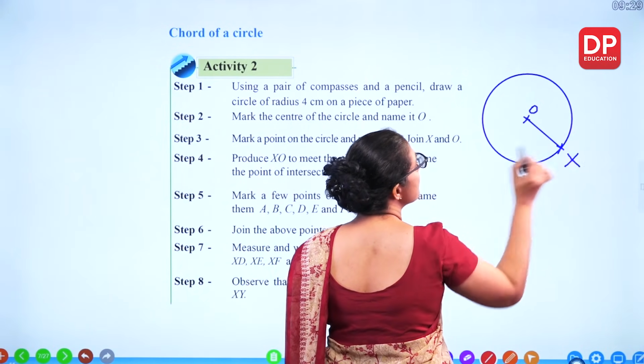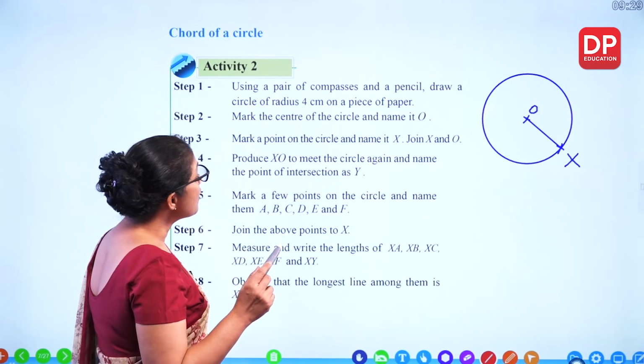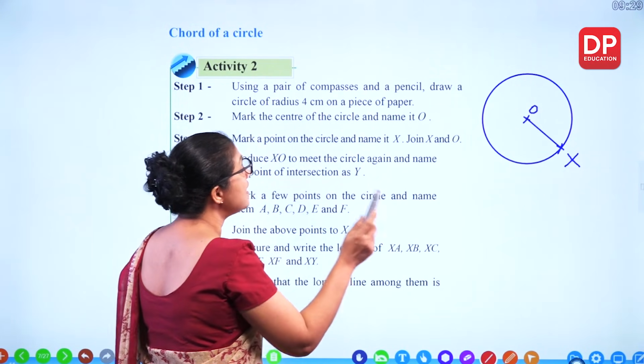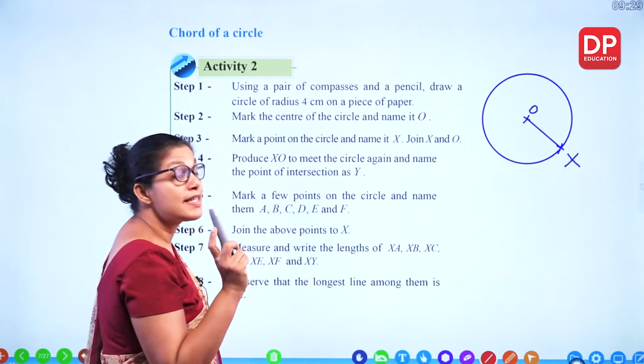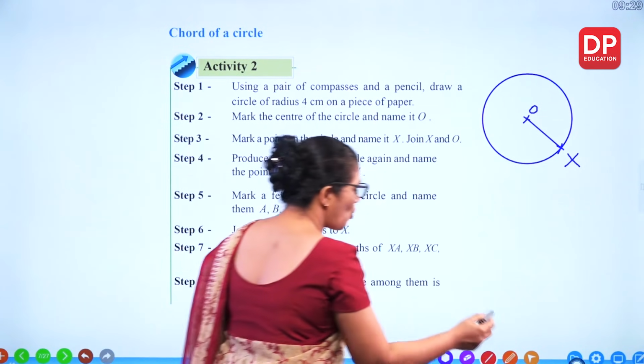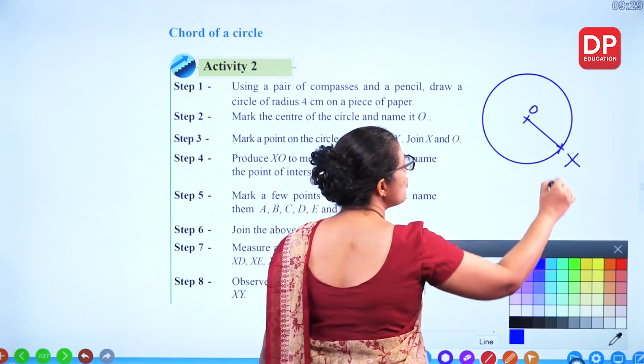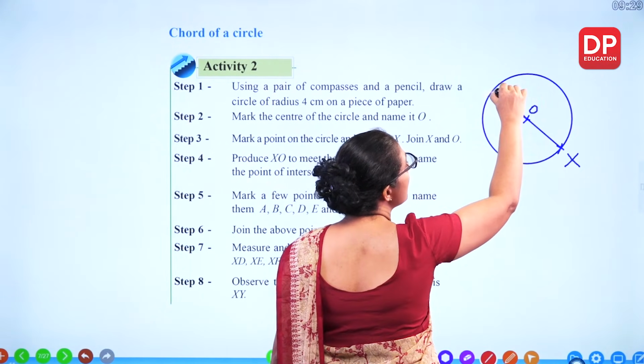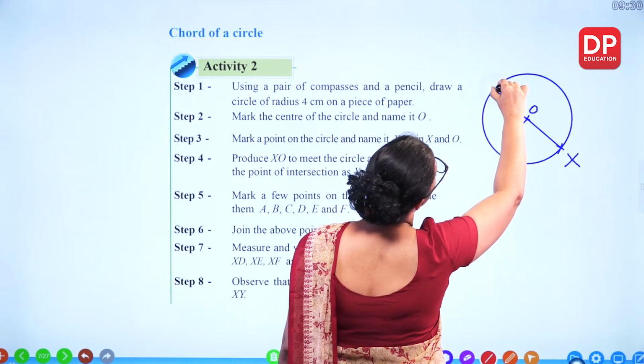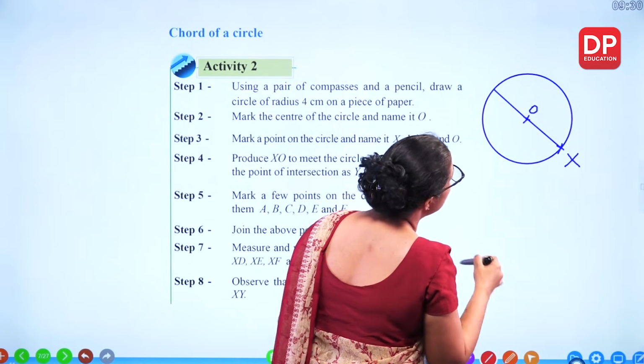Produce XO to meet the circle again and name the point of intersection as Y. So we'll produce that, so that you get the point on the circle, Y.